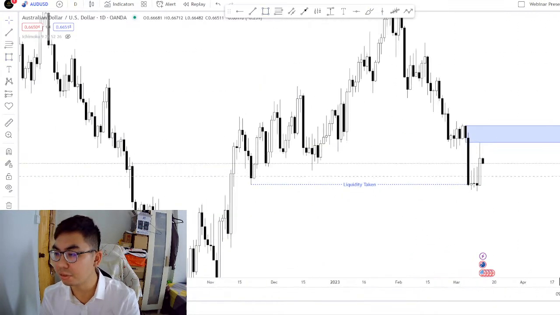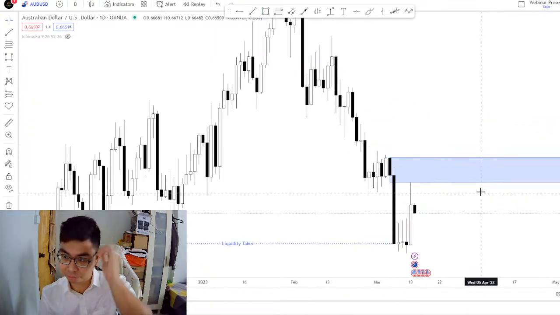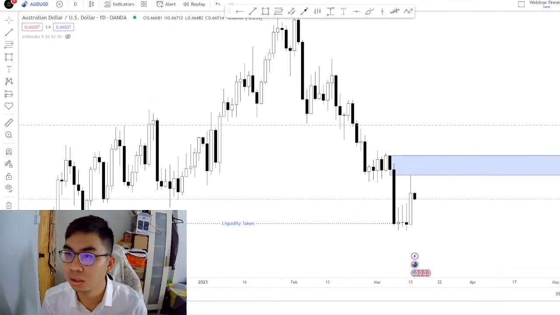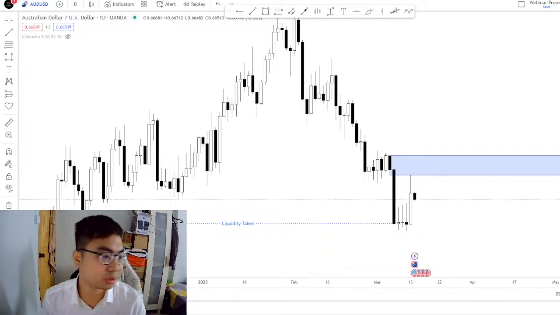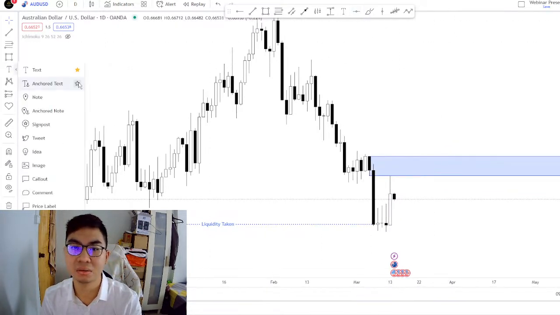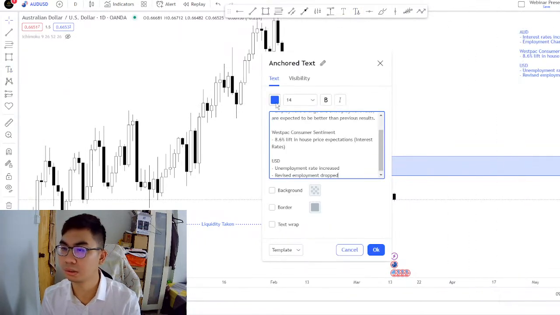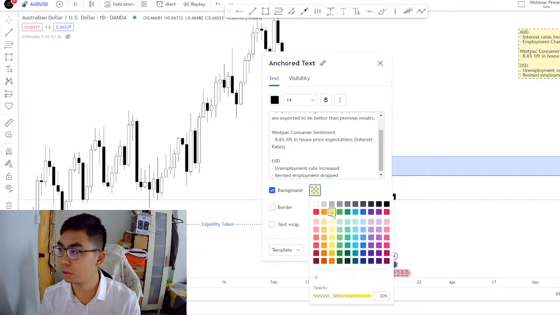So I saw this area. This is an area that I would be looking at, if the unemployment rate drops. Let me write everything down. Get the anchored text out, black background, yellow.